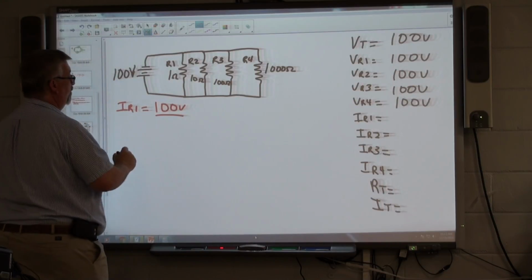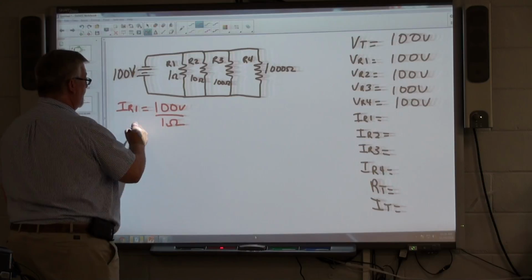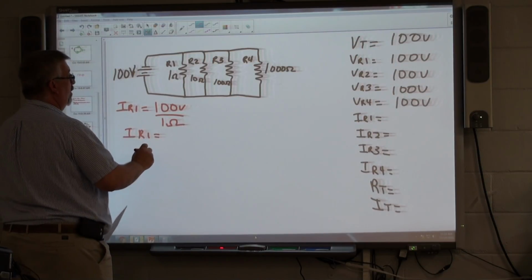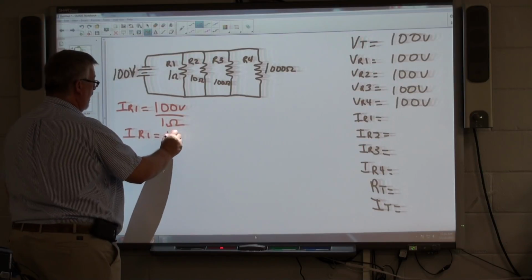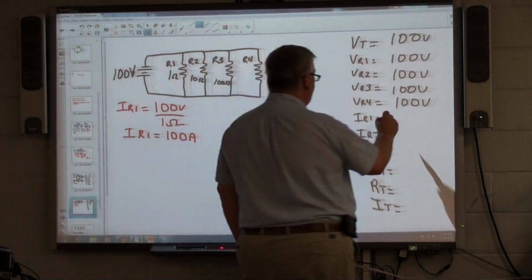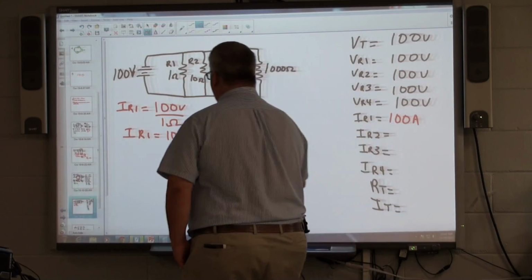Divided by what? 1 ohm. So I of R1 equals what? 100 what? Amps. So I of R1 equals 100 amps. Pulling a pretty good load there.